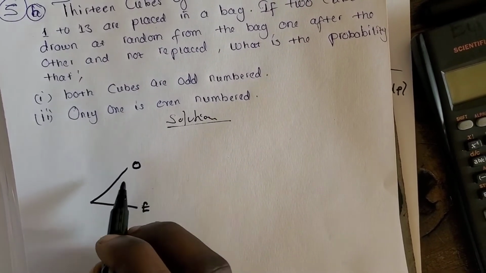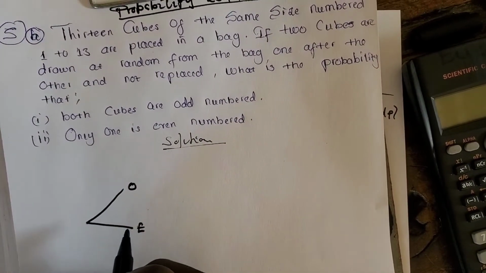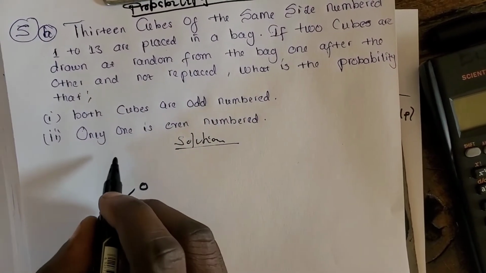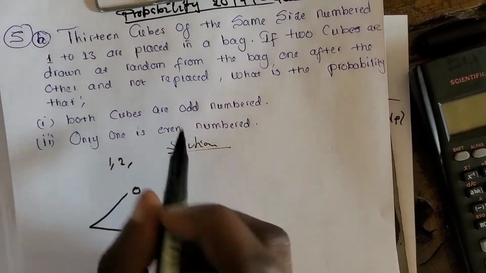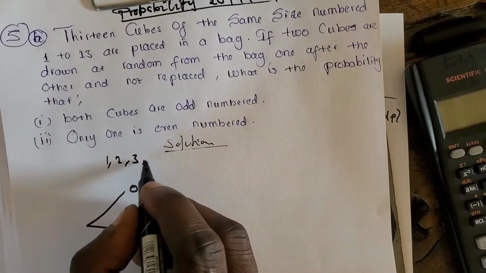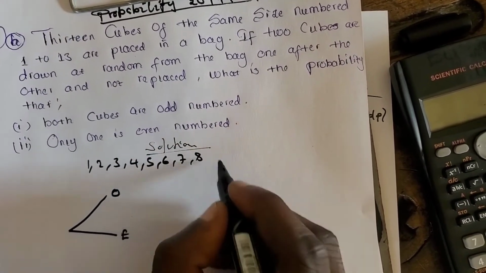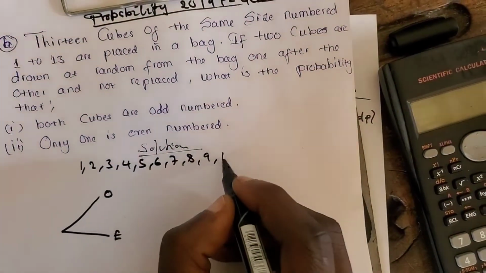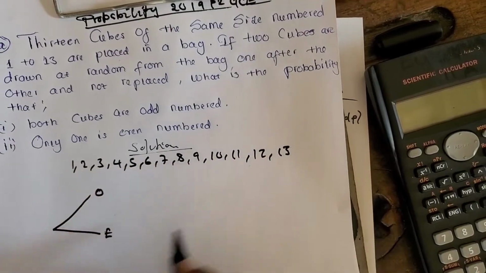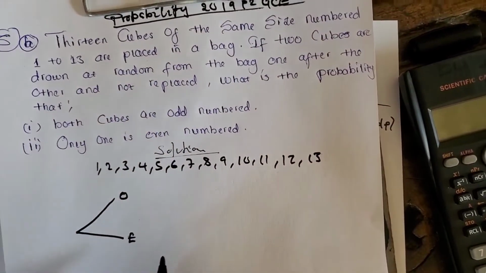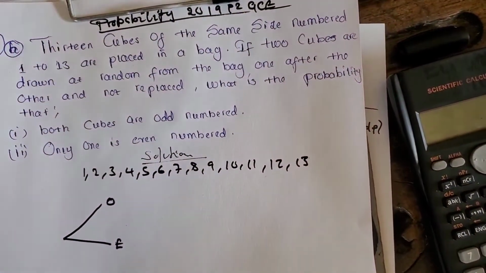So you ask yourself, how many odd numbers are there? Let's list all the numbers: 1, 2, 3, 4, 5, 6, 7, 8, 9, 10, 11, 12, and 13. Okay, so we want to know how many odd numbers we have.